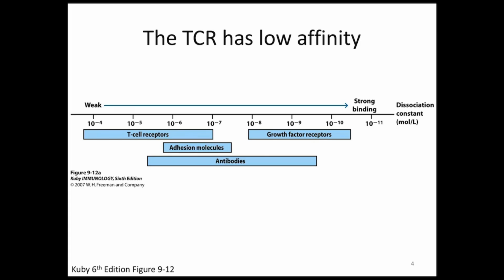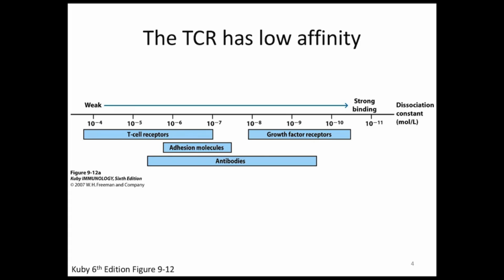So when we have our cell that is infected or that has phagocytosed something and it is presenting on MHC, the T cell receptor can bind, as you saw in that previous slide, but the binding strength is pretty weak. It's not really strong enough to hold the cells together too well.